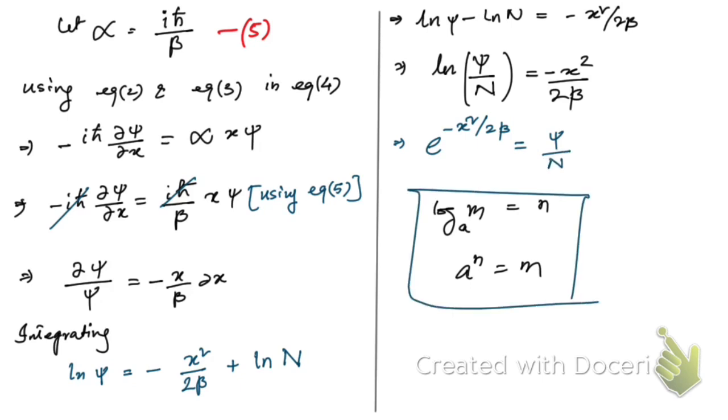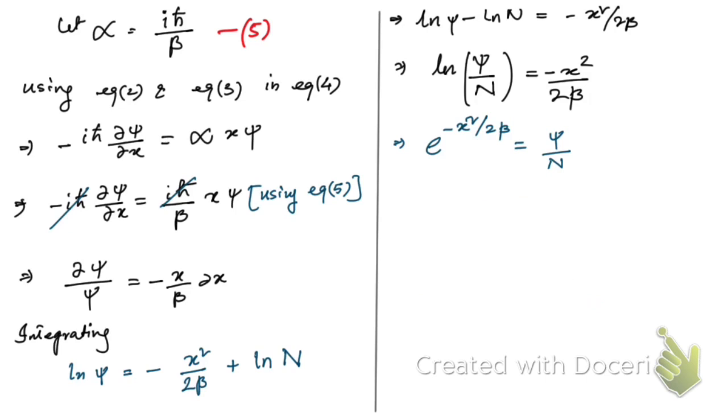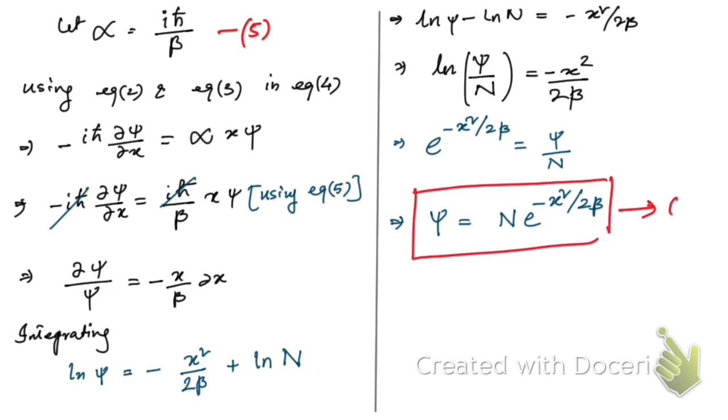Hope you have understood this. So from here we obtain psi is equal to N e to the power minus x square by 2 beta. This is psi. Let me take this as equation number 6.